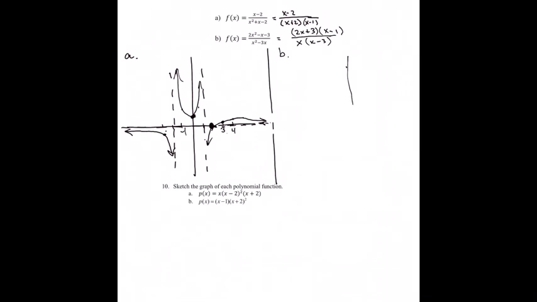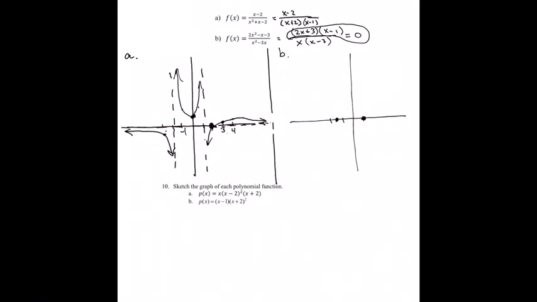So the intercepts first. The x-intercepts, remember, are letting y equal 0, or f of x. And a fraction is only ever going to equal 0 when the numerator is equal to 0. So to solve that equation, we're going to get x equals 1 right there, and x equals -3/2, which is -1.5.